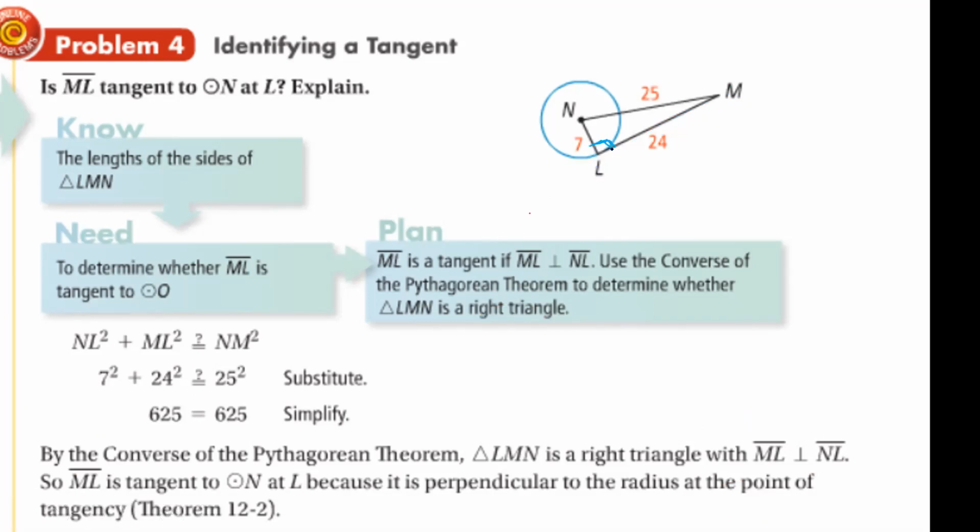Since we have a right angle, NL is perpendicular to line ML. So I will say that ML is a tangent line because ML is perpendicular to the radius. Since it is perpendicular, it is a tangent line by using the converse of theorem 12.1.